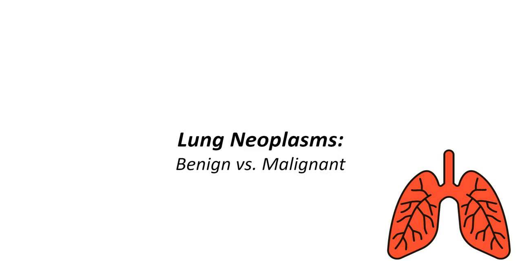Also, many lung cancers actually start somewhere else in the body and spread to the lungs as pulmonary metastasis. So if a cancer metastasizes, that means it's spreading to other parts of the body. So some lung cancers may not be primary lung cancers. They may be lung metastasis.